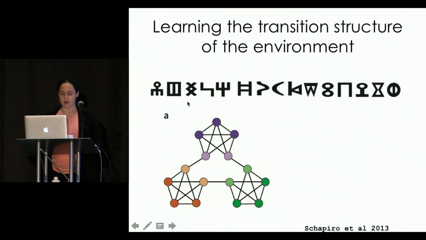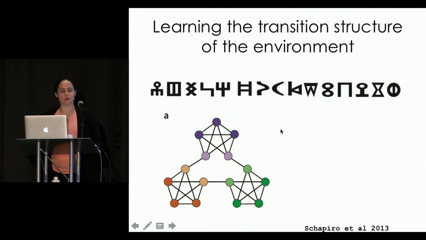So here, each node in this graph represents one of those symbols here. This graph is something that the participants don't see, but that the experimenters created so that there are bottlenecks in the transitions between the spaces, right? So this might be this symbol, and this might be this symbol, and so that means that all the sequences of images were drawn from paths through this graph.